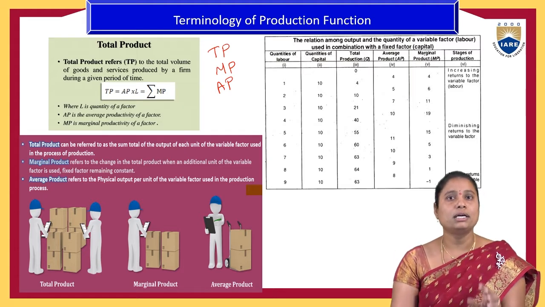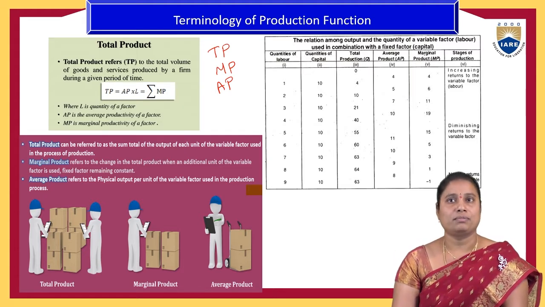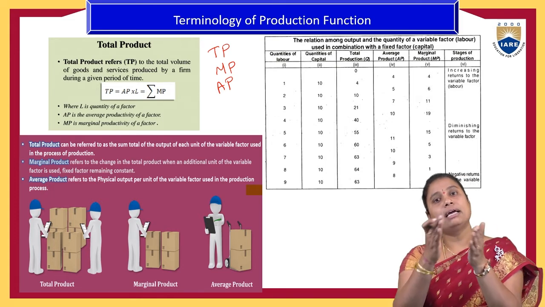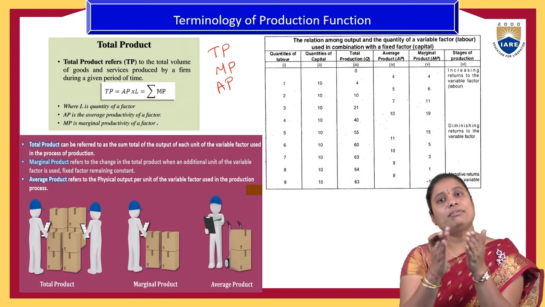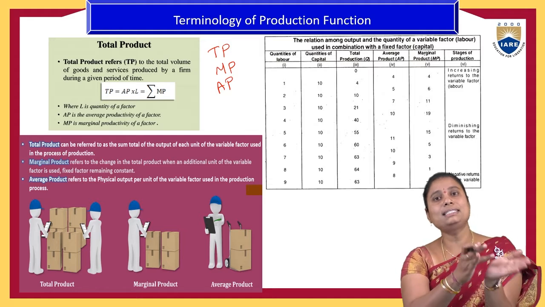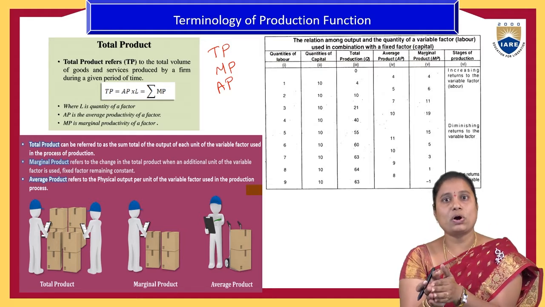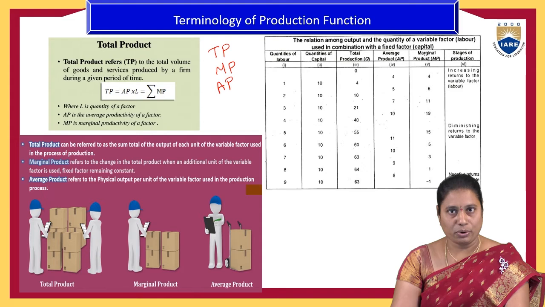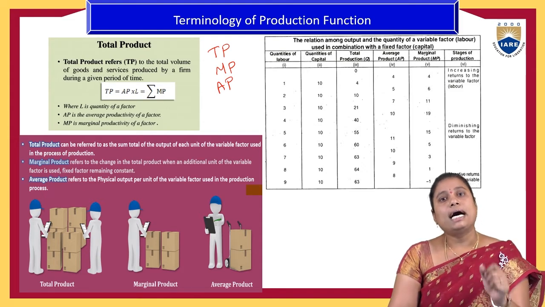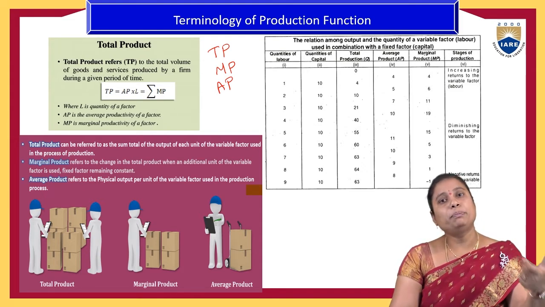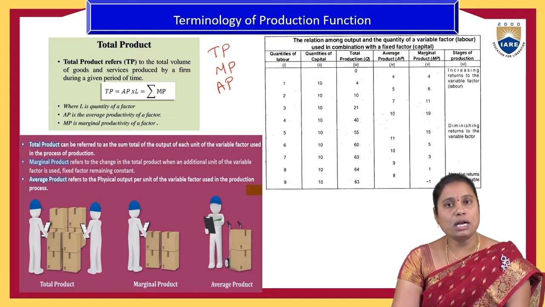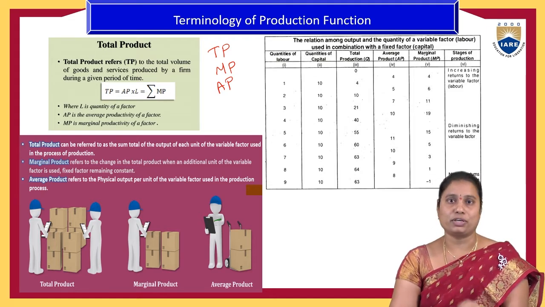The increase in the number of products from one level of output to the next is called the marginal product. Then the average of the outputs to the inputs is called the average product.